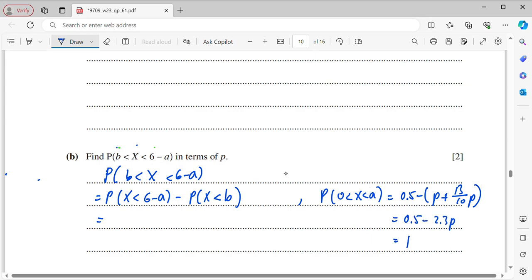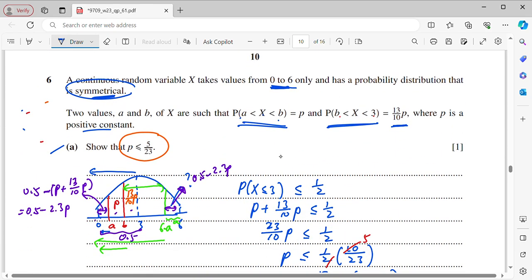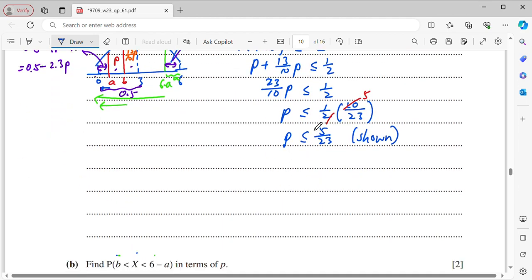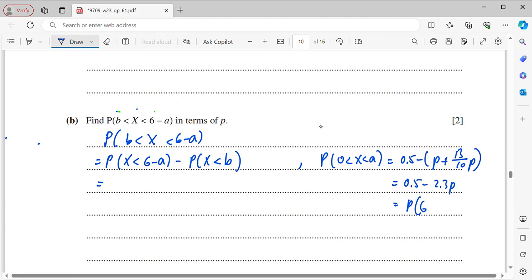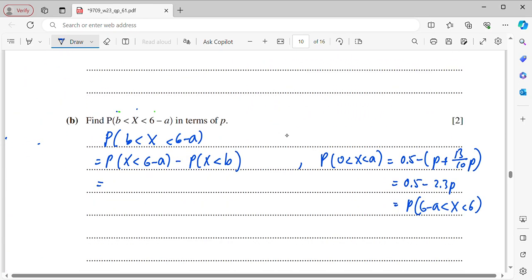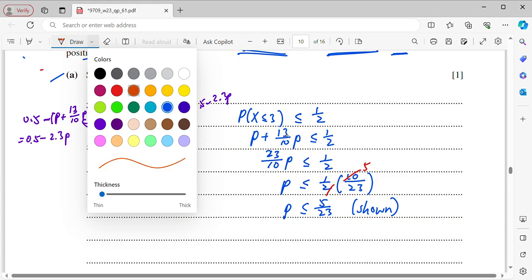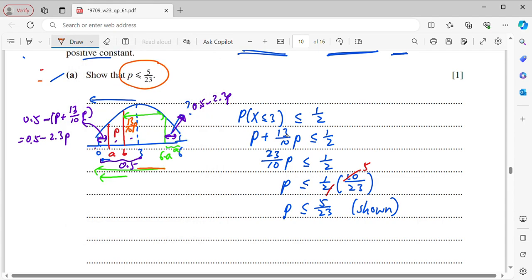It is the same as the probability between 6 minus a and 6. But now we need x less than 6 minus a, which means the total probability, so I need to find this.